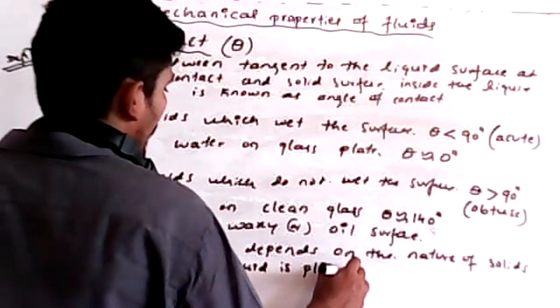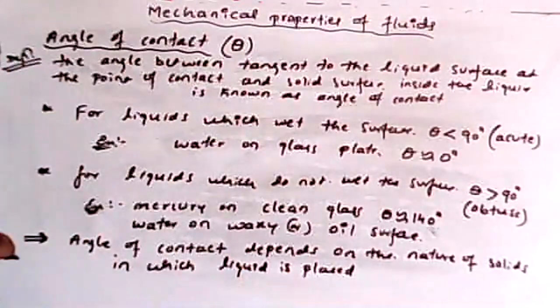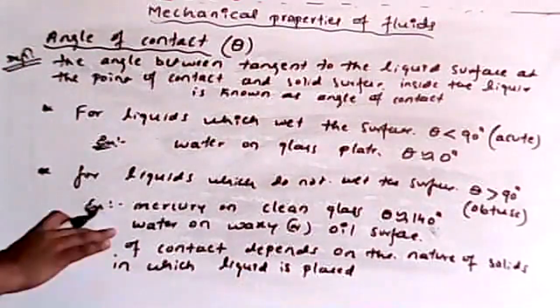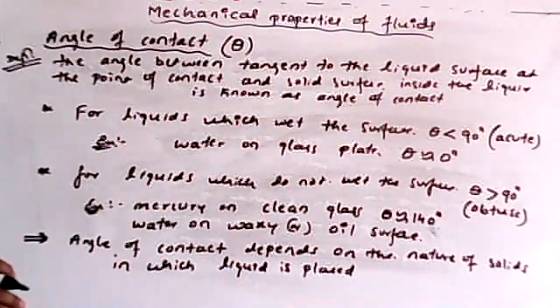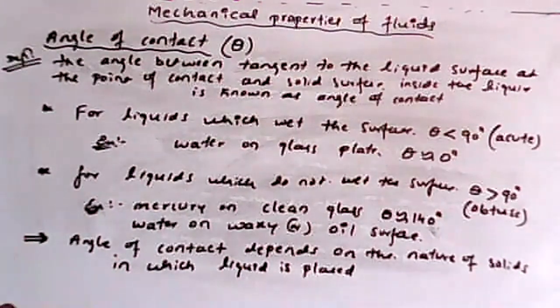Whether you place the liquid on a glass plate or on wood, that depends. Depending upon the nature of the surface, the angle of contact also varies or changes, we can say.